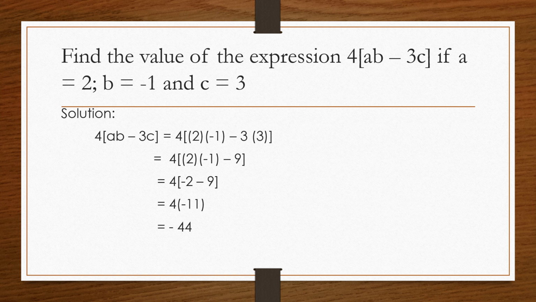So start from the inside, no? 2 times negative 1 is negative 2. And then negative 3 times 3 is negative 9. Alright, let's continue. So negative 2 plus negative 9 is negative 11. Then multiply by 4, no? So we have negative 44. Okay?